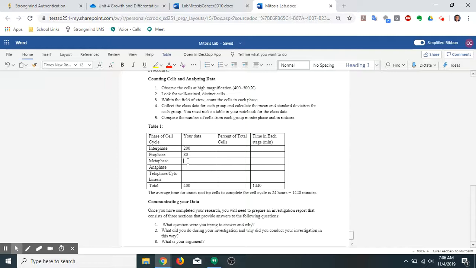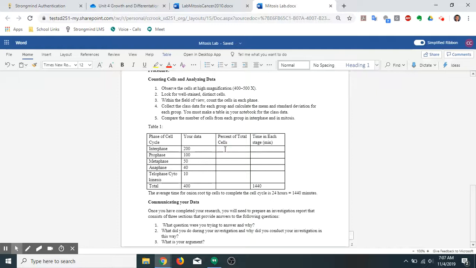Let's say this one was 50, so we have 280 plus 50, that's going to be 330. And let's say we have 10 here. Okay, my math's correct, and there we go. We got our 400. So we have our data here.